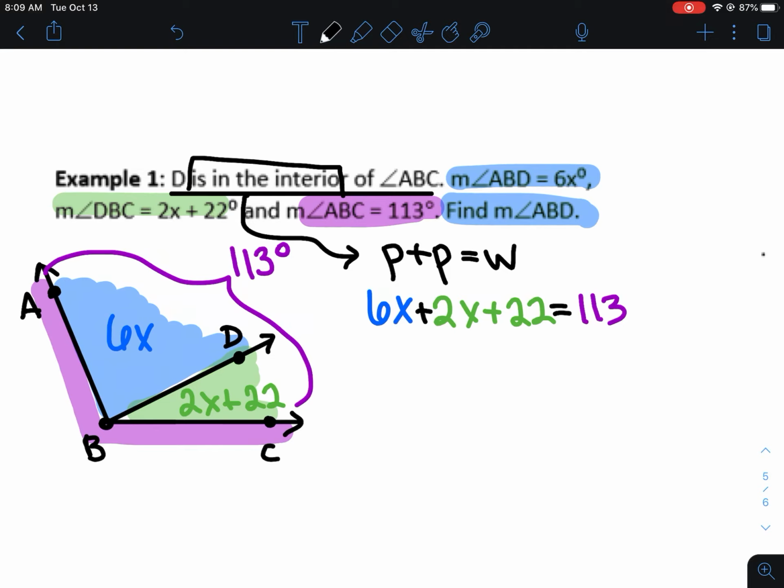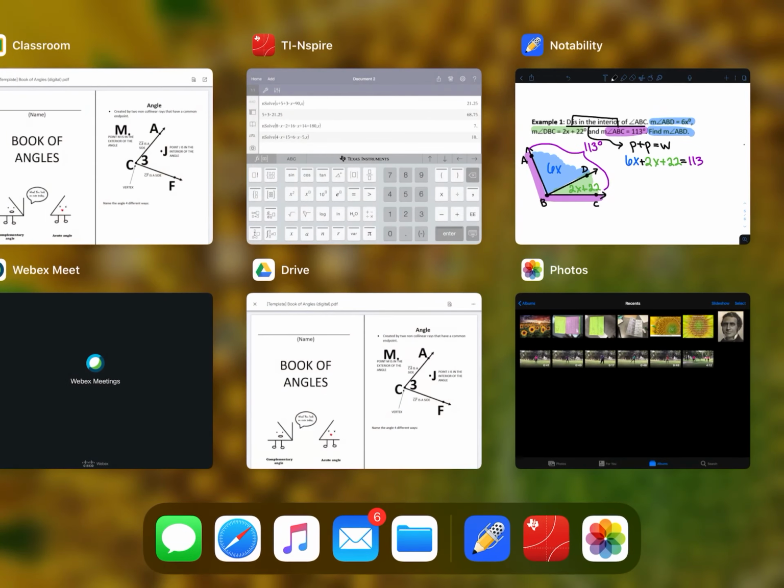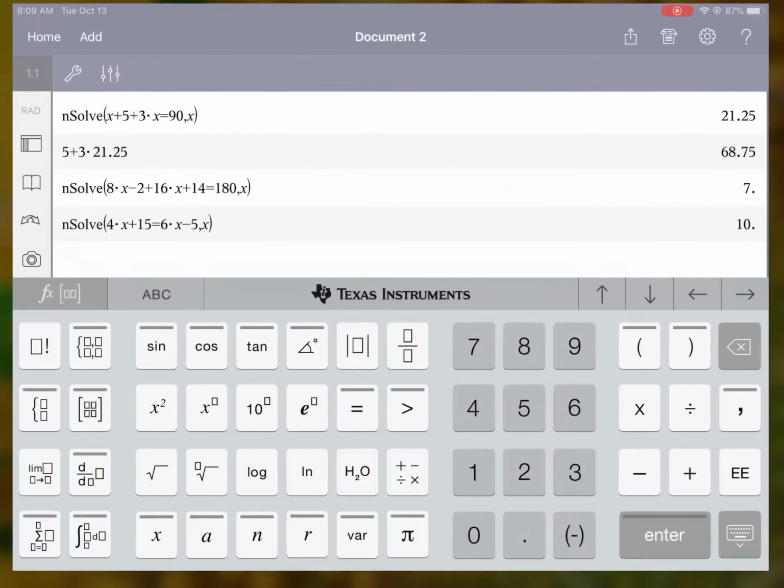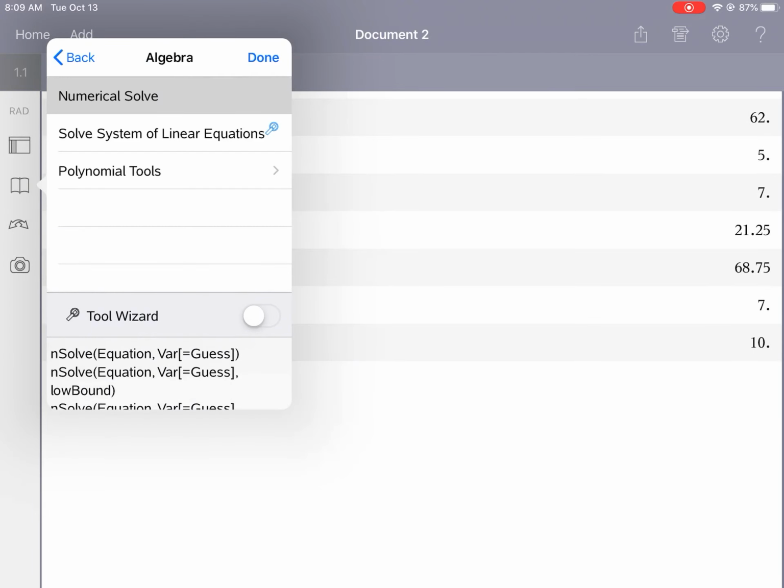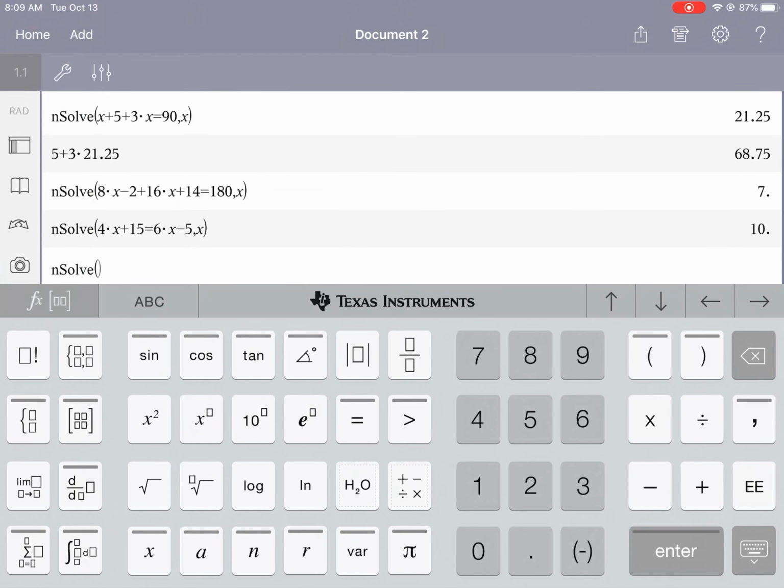Okay. Now we're going to type this in to our TI Inspire. All right, so we're gonna hit the little book looking thingy, go through all the steps to get numerical solve, and then hit done. All right, so then we're going to have 6x plus 2x plus 22 equals 113.